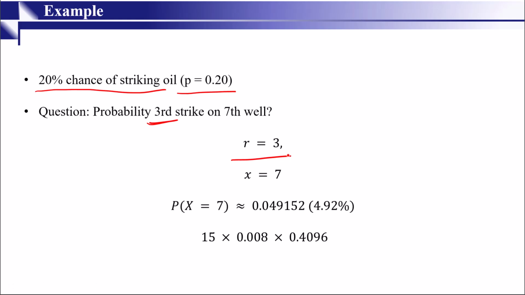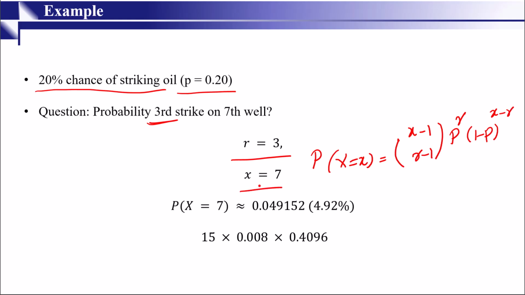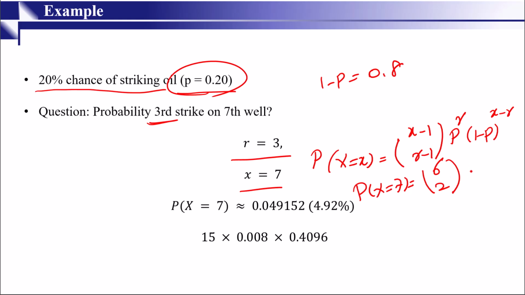In this case, PMF based on the equation that we have is equal to combination of x minus 1, r minus 1, probability of success to the power of r, and probability of failure to the power of x minus r, right? So our r is 3, our x is 7, probability of success is 0.2, and probability of failure is 0.8, right? So P(X = 7) is equal to combination of x minus 1 = 6, r minus 1 = 2, 0.2 to the power of 3, and 0.8 to the power of 4.